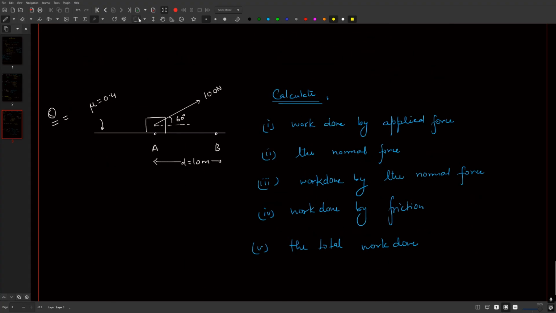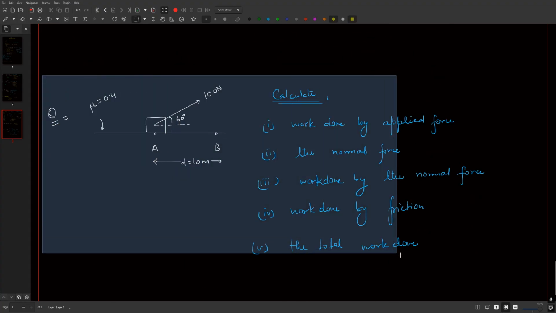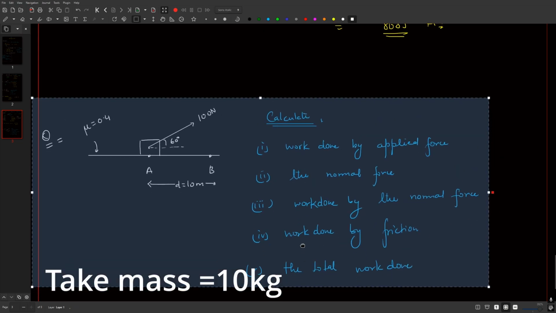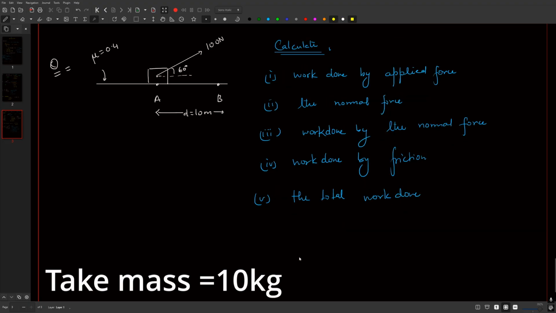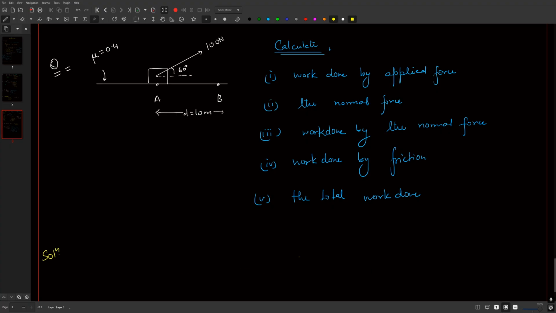Now let's do this problem. Give it a try on your own, and then we can continue with the solution. Okay, so the first part is work done by the applied force. Straightforward application of the formula.